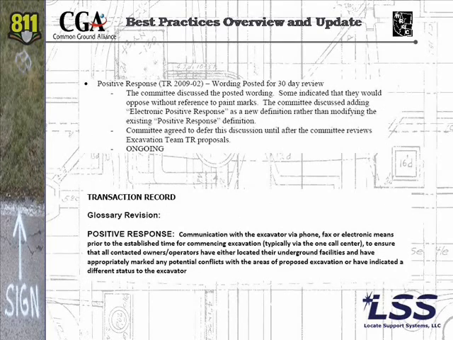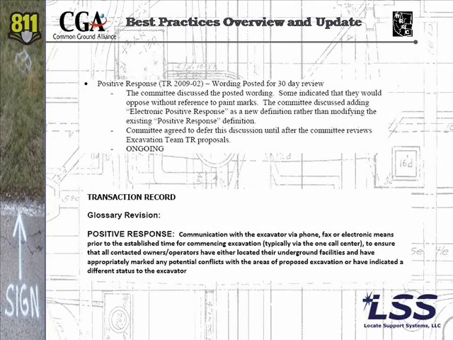The next one was a little more difficult. It was 2009-02, and it was looking at the term positive response as it's laid out already in the book. And the idea was to try to make sure that we clarified what positive response is in terms of an electronic means to communicate back to a call center.